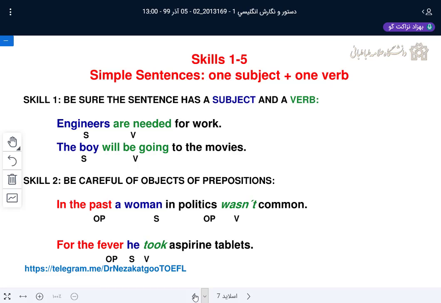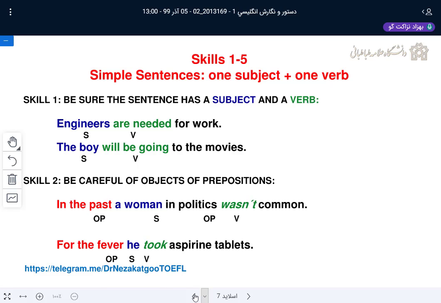You remember last session we talked about subject-verb agreement. We have to actually find these very important elements in the sentence. In some sentences, it is easy to find the subject and verb, but sometimes it is not easy because they try to set off the subject from the verb and embed some intervening elements.